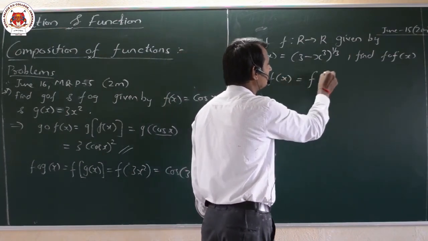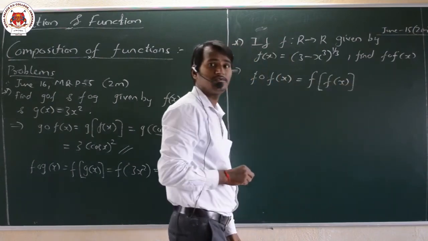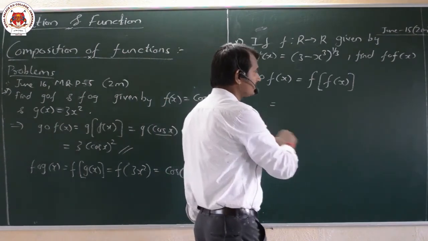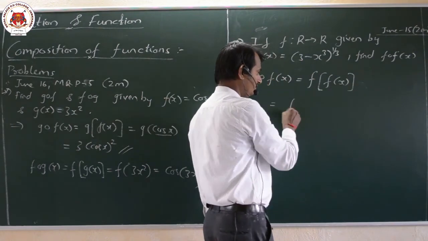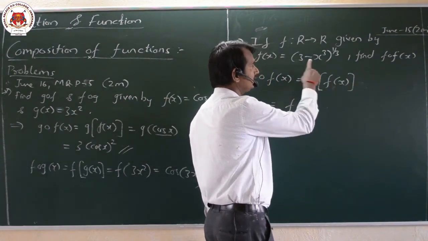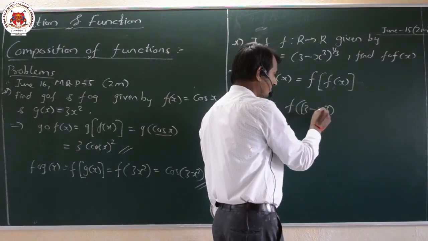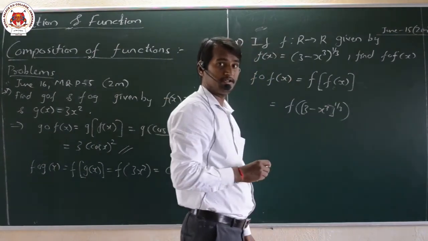Now what is the value of f of x, that we shall observe. It is 3 minus x cube, whole to the power of 1 by 3, whole to the power of 1 by 3.